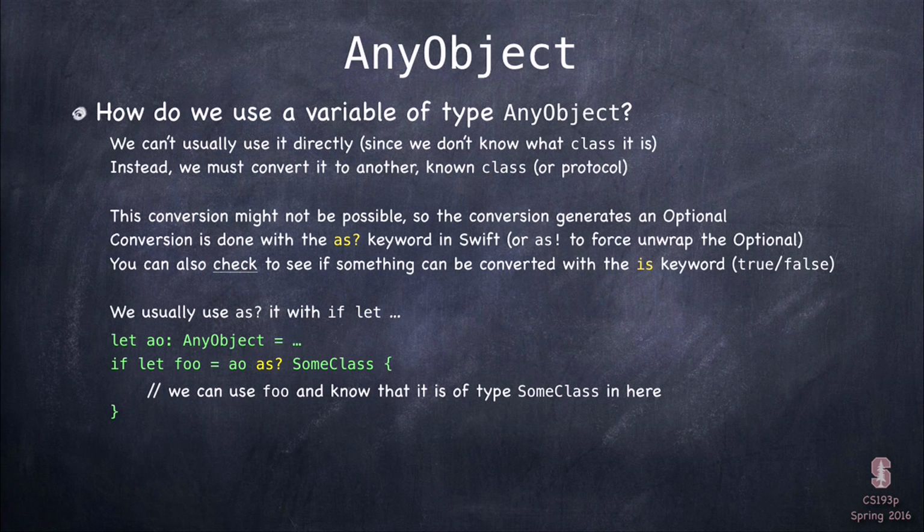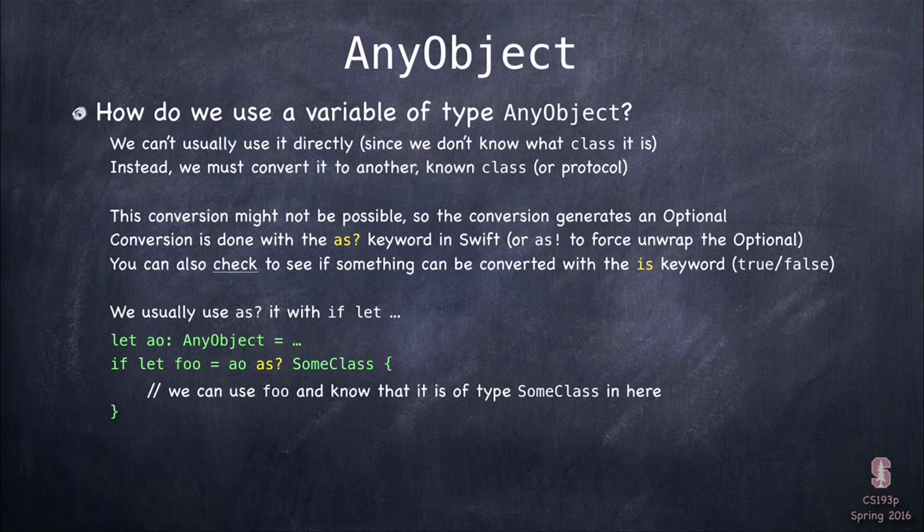So if I have this local variable here, ao, which is an AnyObject, and I've assigned it to some class, I don't know what it is, but I want to try to use ao as if it were of class SomeClass. ao might be of SomeClass, and I'm going to see if it is, and if it is, I'm going to use it as SomeClass.